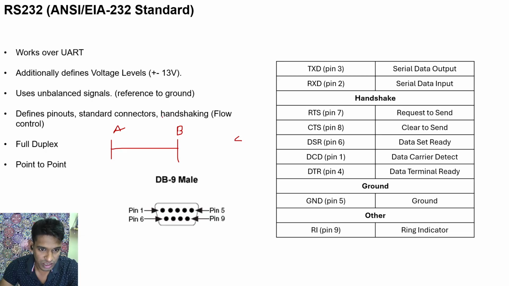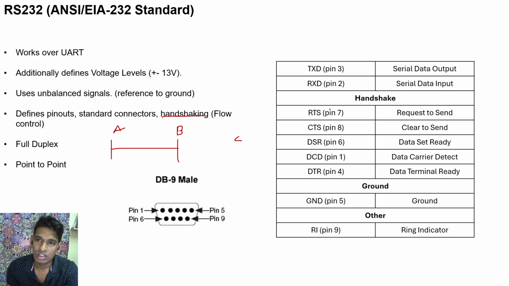Coming to handshaking, what I mean is this: suppose the transmitter is sending the data, but the receiver is not ready to receive it because the receiver is busy doing something else. Maybe it is busy recording a transducer value, or the input buffer of the receiver is full. For whatever reason, the receiver is busy and not ready to receive.